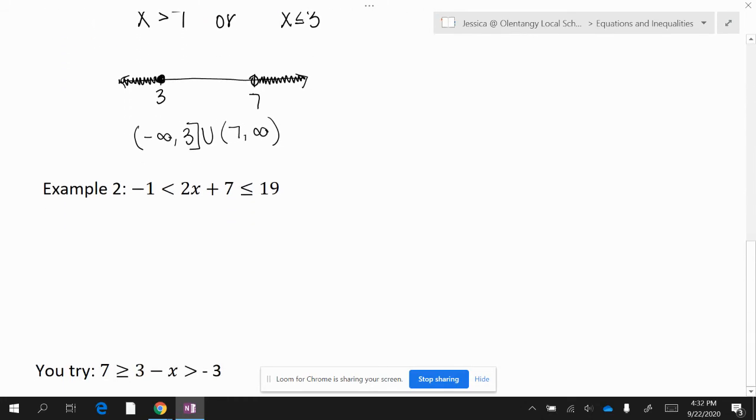Okay, for example 2, this is an "and" inequality. So we are looking for the overlap here. You can go ahead and do it 2 ways. You can either split into 2 inequalities, or you can go ahead and solve as one.